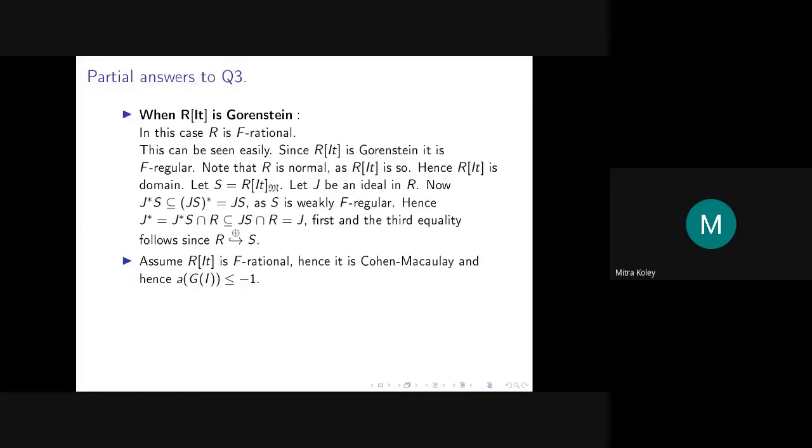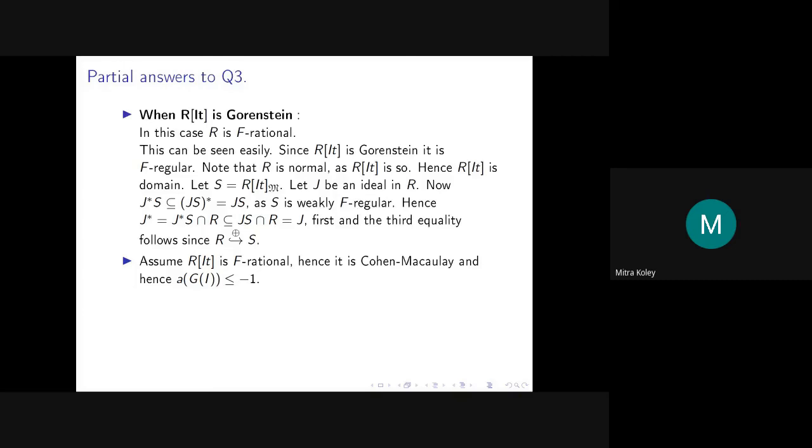Let J be an ideal in R. Now the tight closure of J in S is a subset of (JS)*, which equals JS because S is weakly F-regular.